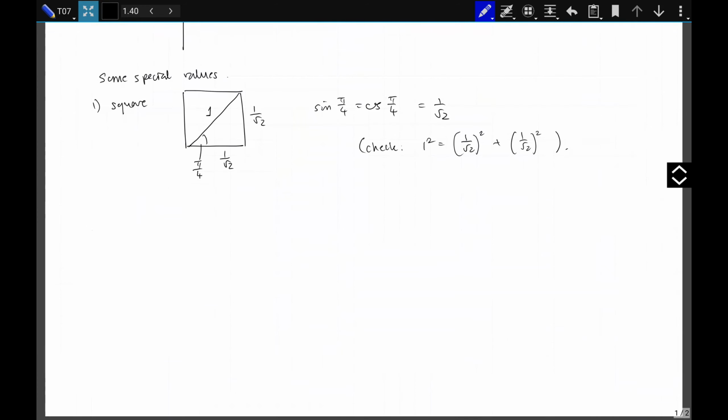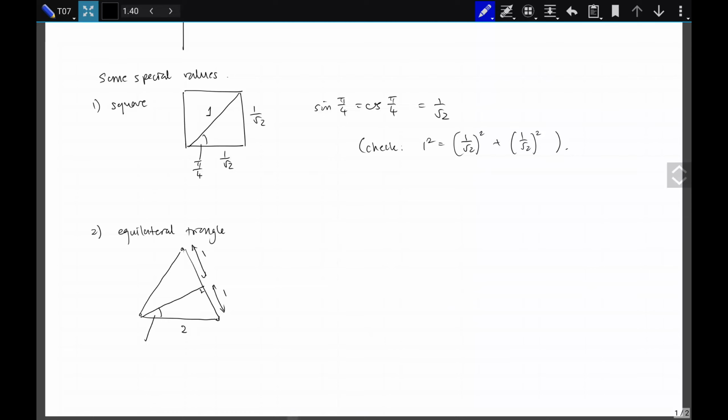And the second special value is given by the equilateral triangle. Let's see if I can attempt to draw this. Just for simplicity, consider an equilateral triangle of side length 2.